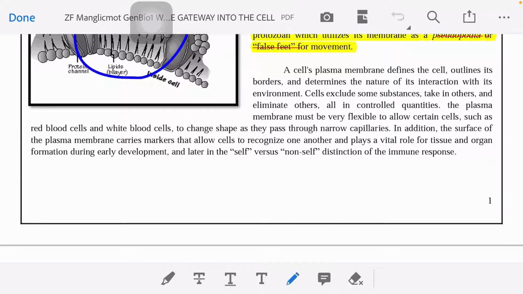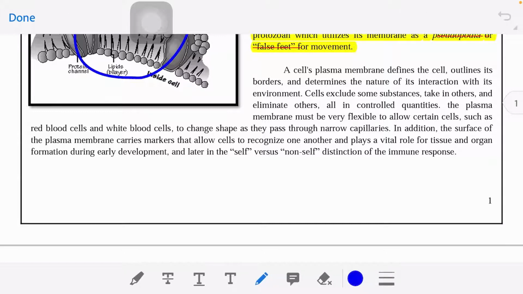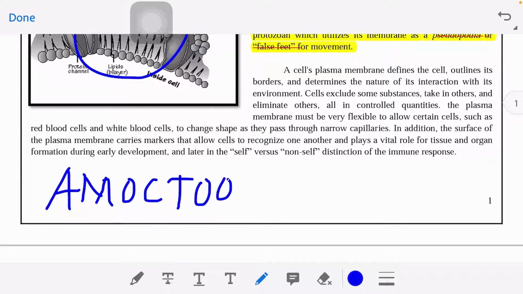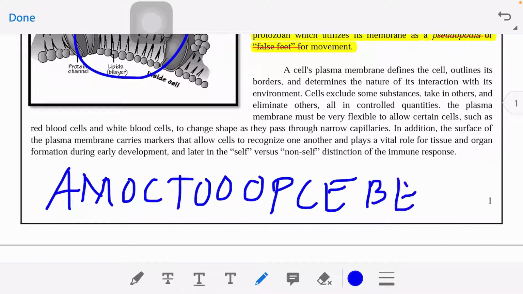organization o yung hierarchy of life. Sulat ko na. Wala ito dyan sa inyong note. So what does it stand for?